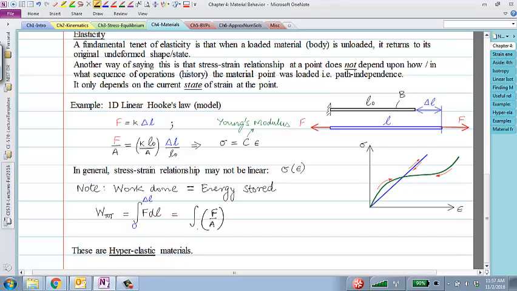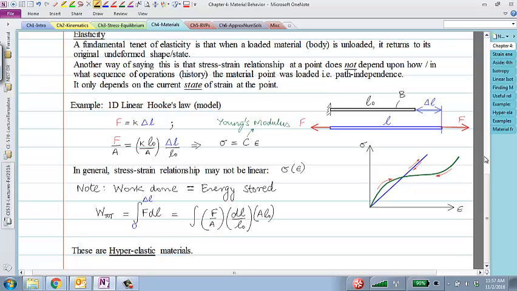Since I've divided by A, I need to multiply by A. And dL divided by L0, where L0 was the original length, is essentially the strain at a particular level of deformation at an instant. So I'll multiply those two, A and L0, out here. A times L0, the cross-section area times the length, is the initial volume.